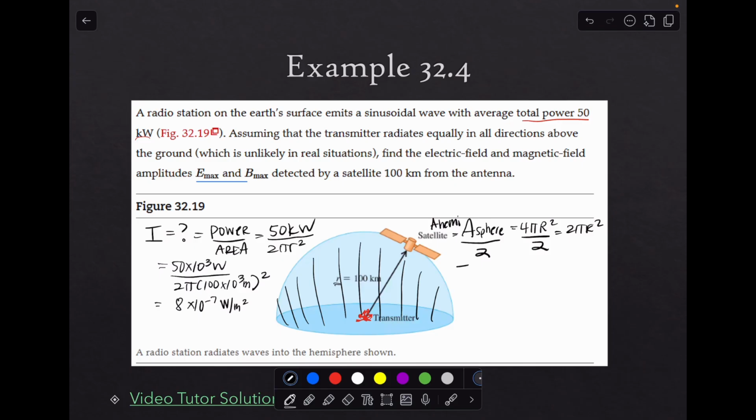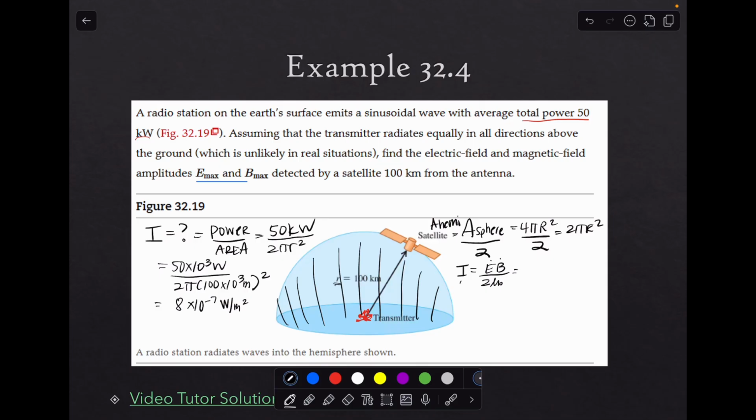The right-hand side: we know that the intensity is the average of the Poynting vector, which is going to be EB over 2 mu naught. But we need to find E and B, so we should just find one first, because here we have 2 unknowns and 1 known.